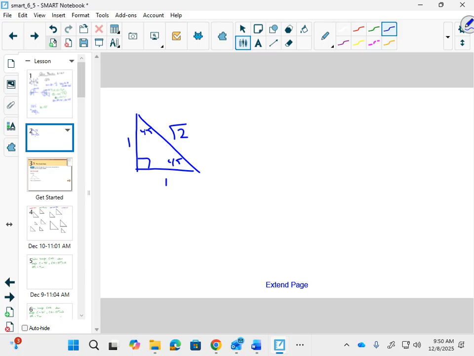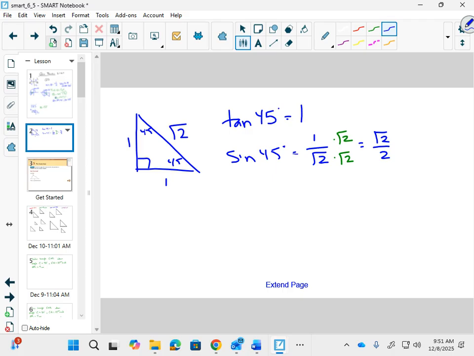If you use 2, you get 2, 2, and root 8. Opposite over adjacent, 1. Opposite over hypotenuse, 1 over root 2, but we've already learned the unit where we have to rationalize our denominator. You get root 2 over 2. And you could get the same with cos.